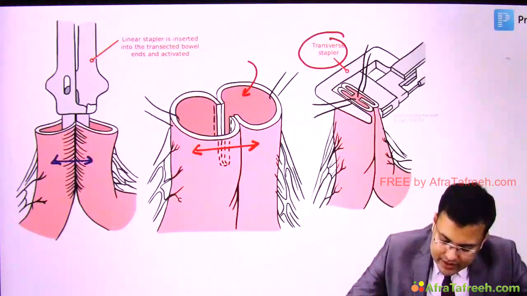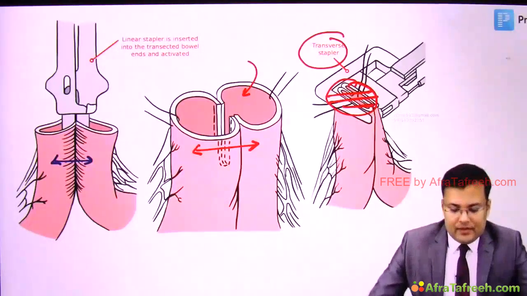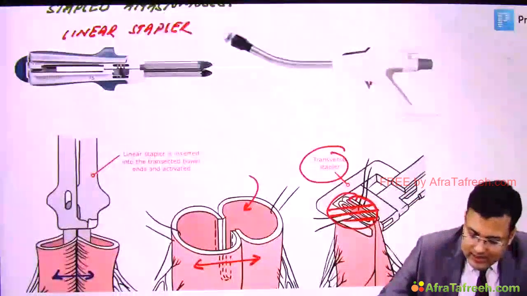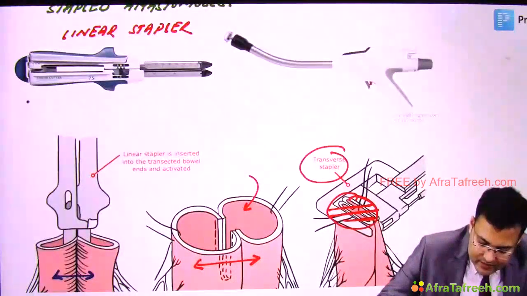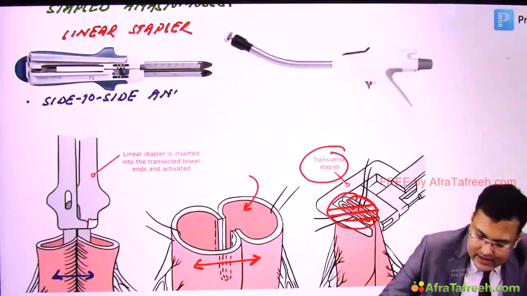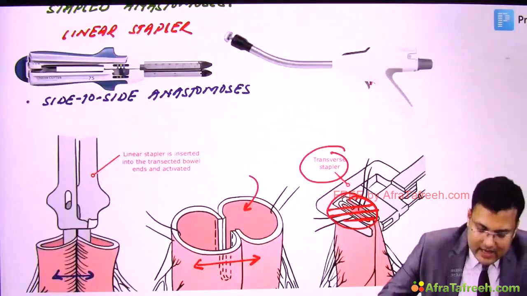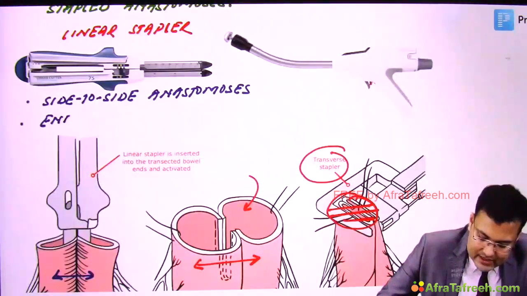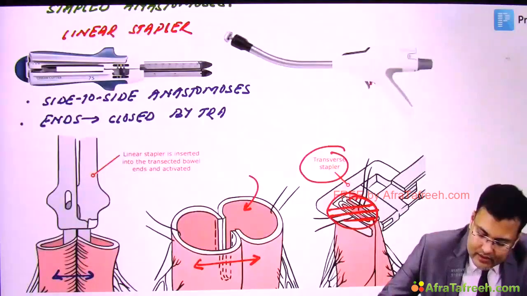So the linear stapler is used to create a side-to-side anastomosis, and the ends are closed by a transverse stapler.